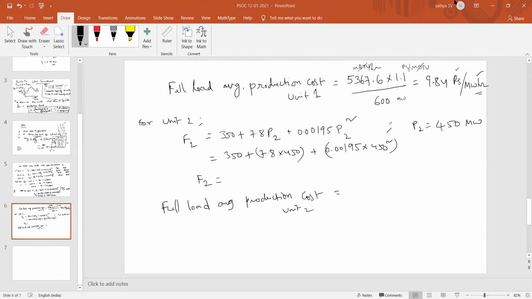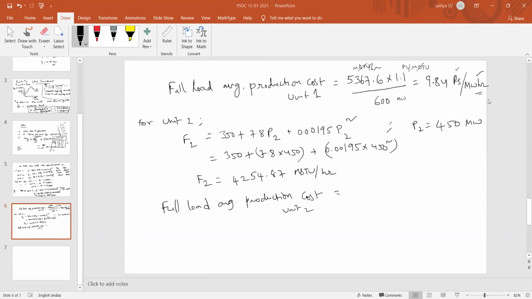For unit 2 it should be 4254.87 MBTU per hour.